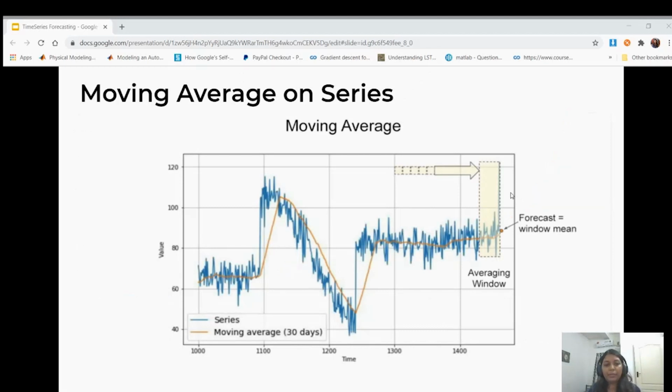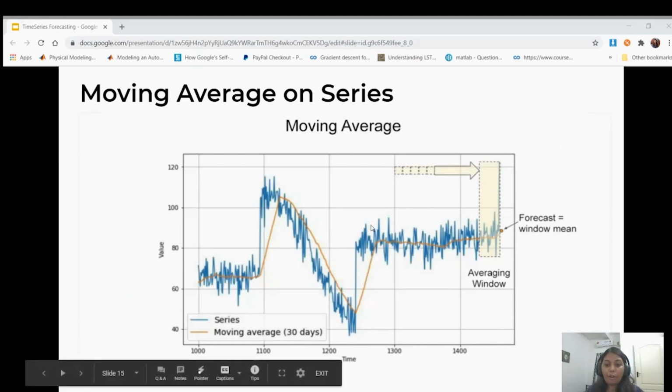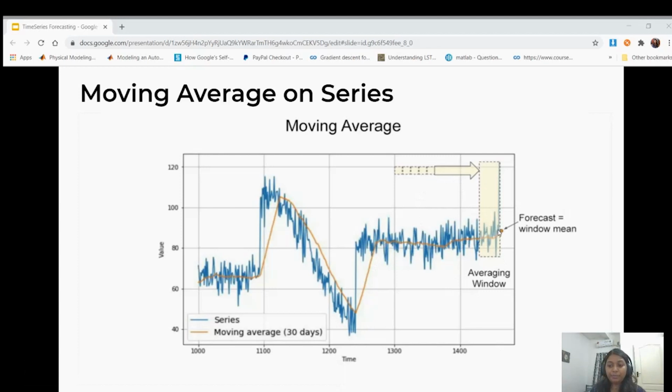Now we are moving on to the moving average series. In moving average, we find the mean of all the data collected up to that day and try to predict in the next window.